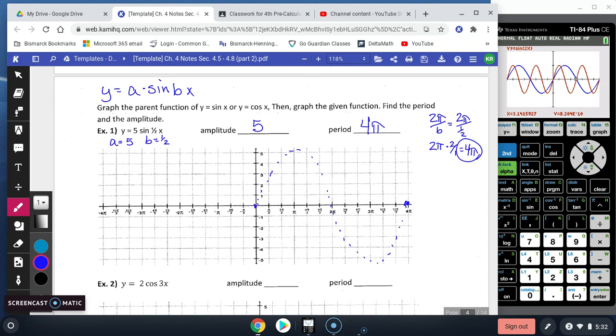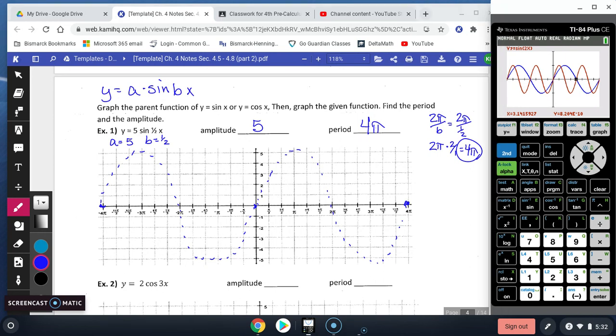So at -4 pi, it's going to end. So it's going to go down, come back up, and go there. So amplitude of 5, +5, -5, period 4 pi. It's going to take 4 pi to get one section of this graph in.